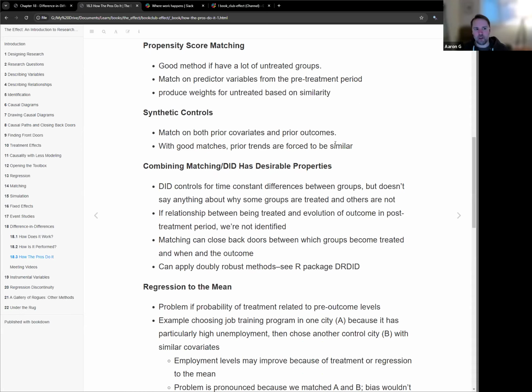Another concept that I found interesting, and from what I understand, we're going to be talking about this in a later chapter, is synthetic controls. And so the idea with this is you would not only match on prior covariates, but also prior outcomes.